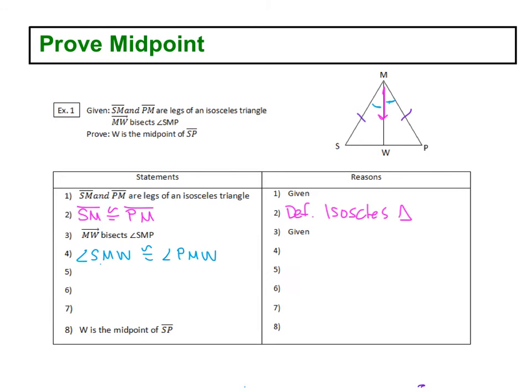How did we know that those two angles would be congruent just from the fact that this was bisecting? Well, that's your definition of an angle bisector. So all this vocab that we're learning, we can bring into these proofs. So our definition of angle bisector.